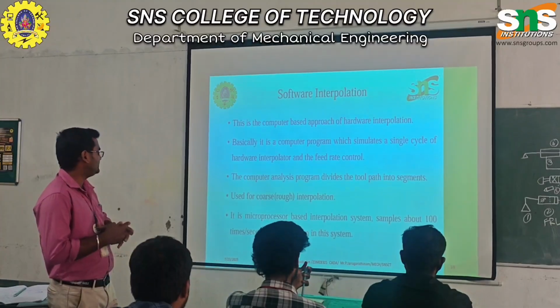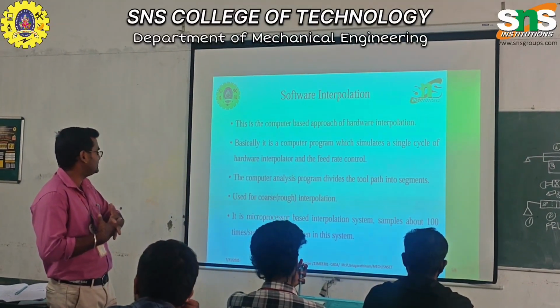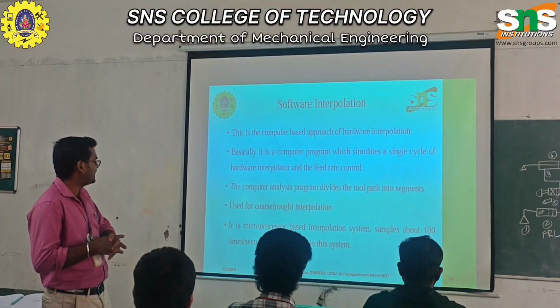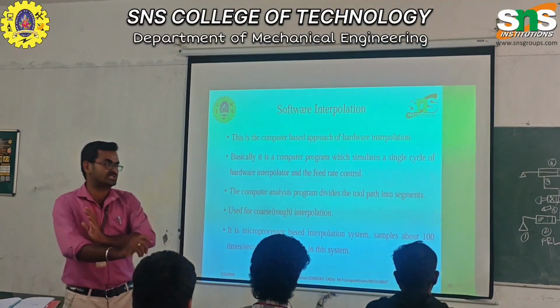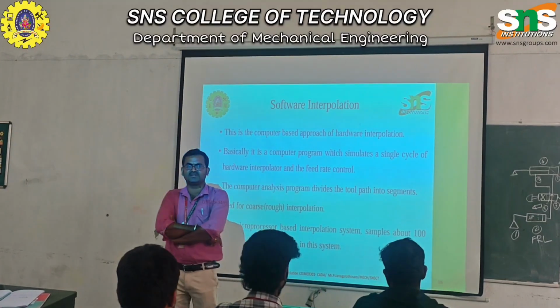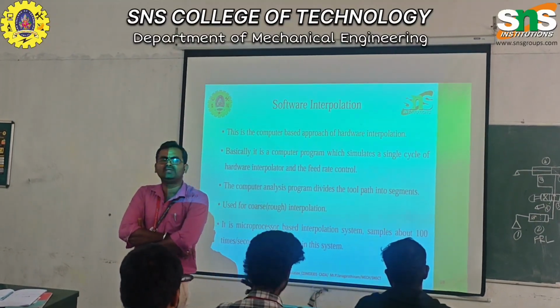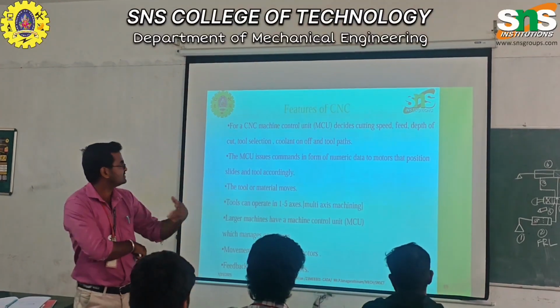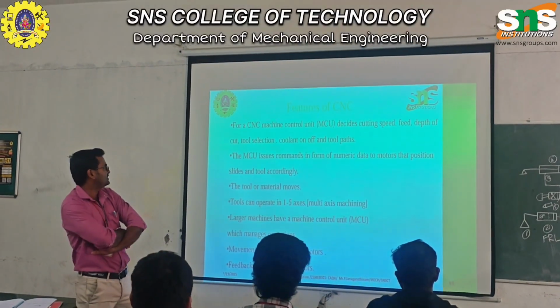Okay. The next one is used for coarse interpolation. It is a microprocessor-based interpolation system. Samples about 100 times per second are taken in the system. We control this kind of software by using the 8085 microprocessor, or some logical control systems are used to control the entire system. So these are some of the features.